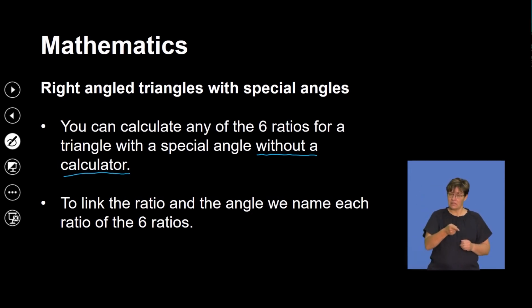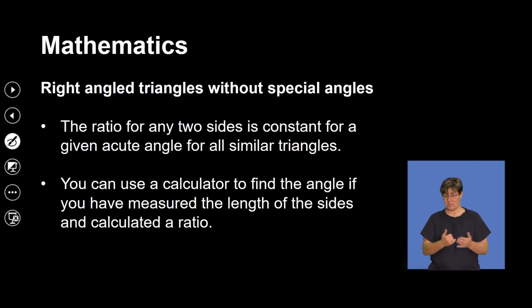The ratios, we call them sine, cosine, tangent, and then we look at 3 other ratios, but we'll look at that just now. The ratio for any 2 sides is constant for a given acute angle for all similar triangles. Remember, that was the conclusion we came to when we were looking at those 2 tables with 30 degrees. And I hope you also saw the same thing with the 60 and the 45.